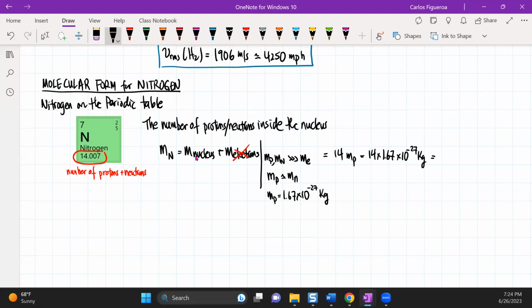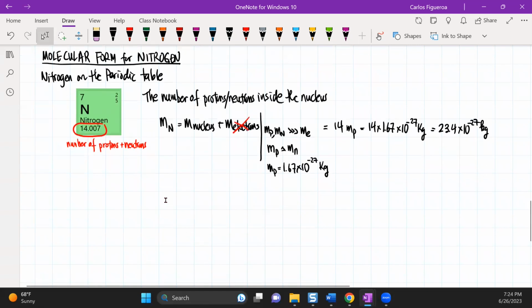That's roughly around 24. It's not 24. It turns out to be 23.4 times 10 to the minus 27 kilograms. That's the mass of one nitrogen atom.